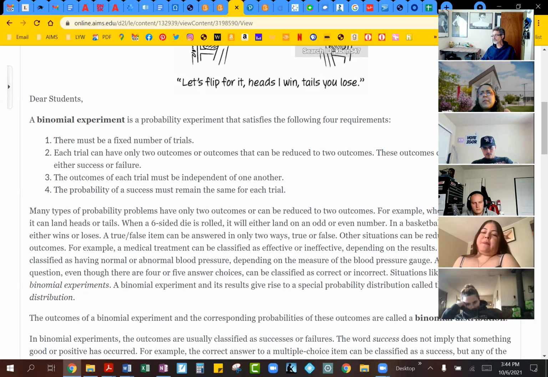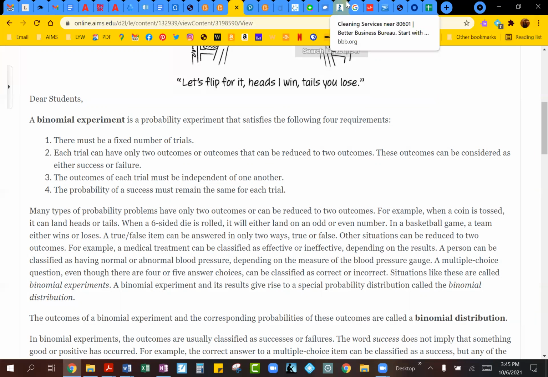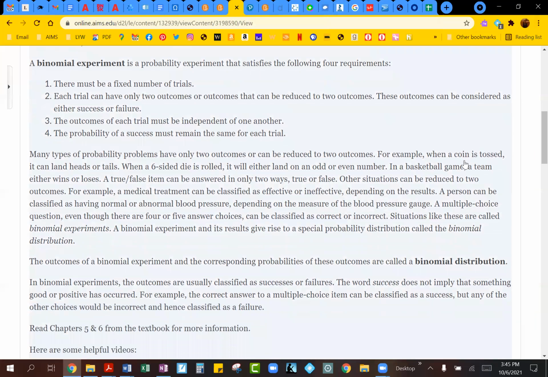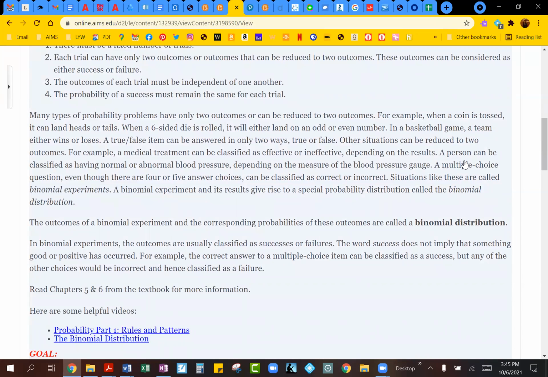Or like we were talking about the black chip and the white chip example, that means you would have to put the chip back into the box so that your probability did not change. So these 4 requirements are very, very important when we are working through binomial experiments. And then I've got some other examples in there to kind of just help you understand what a binomial experiment would look like.